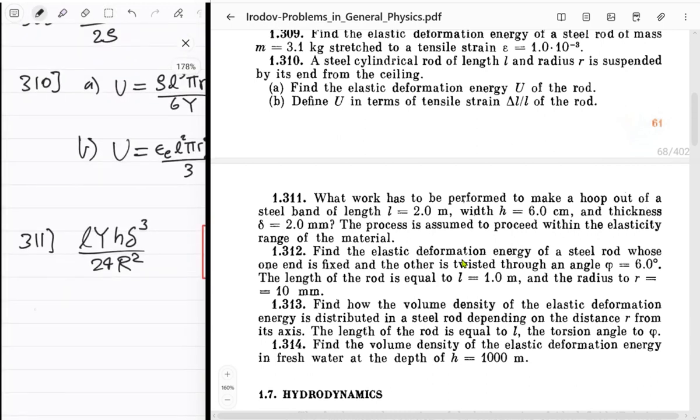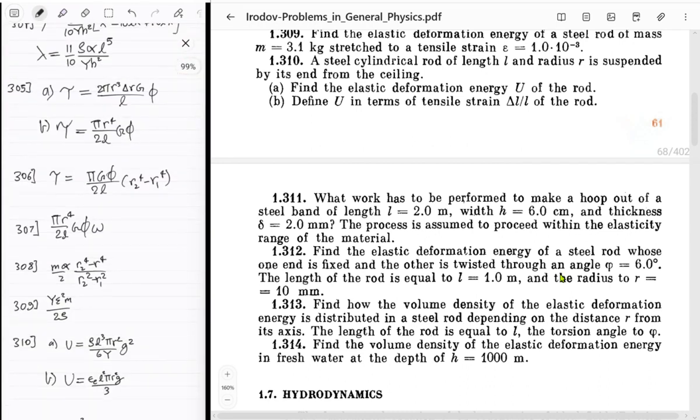Now let's go to 312. Find elastic deformation energy of a steel rod whose end is fixed and the other end is twisted through an angle something. Oh god. The length of the rod is equal to this and the radius is equal to that. Okay, I get what they're going for. So our torque is just this, right? Of course.